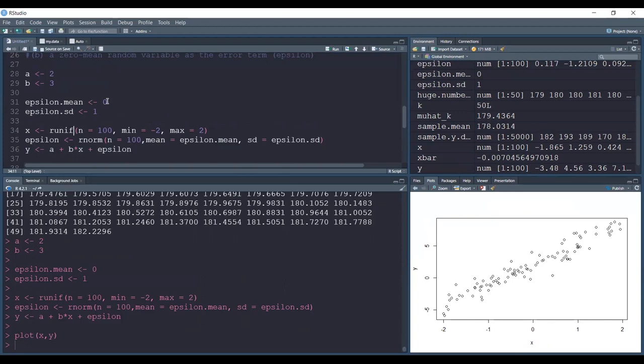We know the error term. It's a normally distributed random variable with zero mean and a standard deviation of 1. By the way, when it's these two parameters, you refer to it as the standard normal. It's standardized as a standard normal random variable.